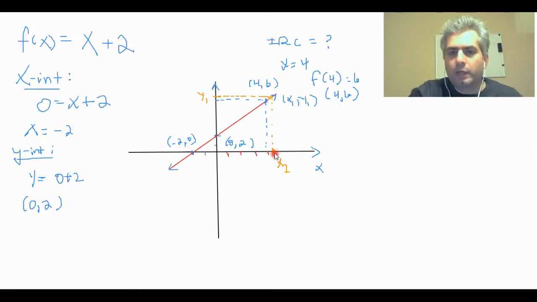We can look at the difference between the gap on the x-axis, and we're going to call that distance h. What does h represent? h represents the distance between x1 and the x coordinate of the point of interest. So x1 minus 4, we're going to call this h.